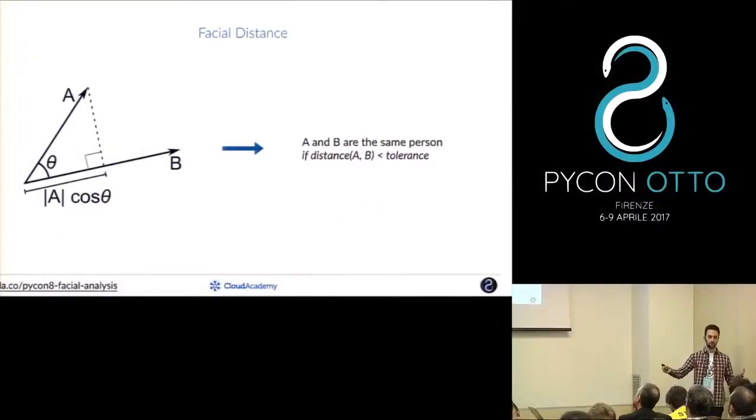So you have two vectors, a lot of dimensions, but you can see if they're close enough. Imagine it's a 2 dimensions vector like this, and you can just find out, for example, the cosine distance between them. And it's more or less the same with faces. So once you have this very highly dimensional representation, you can find out about facial distance and see, okay, this face is close enough to be the same person or not.